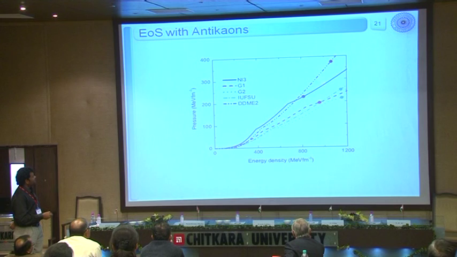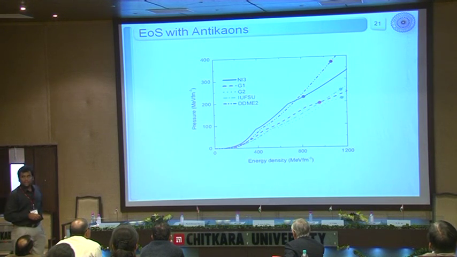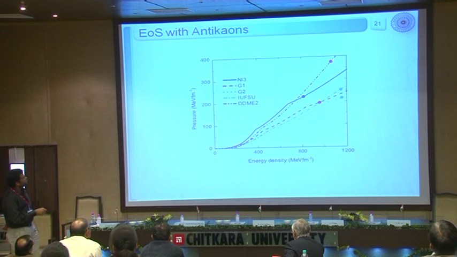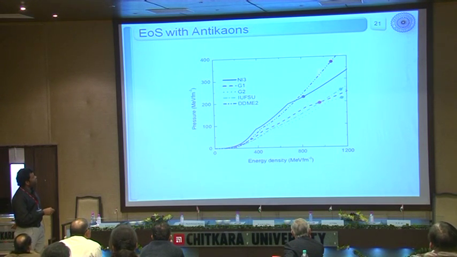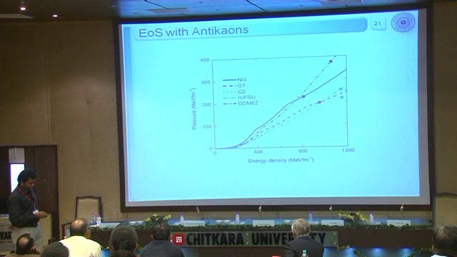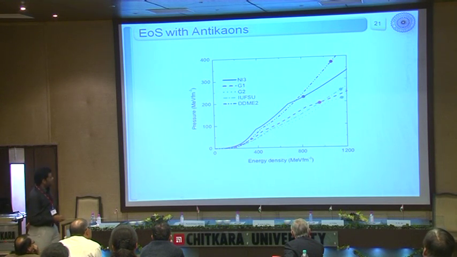So now one can say that the kaons play more role than the coupling constants themselves. These density dependent coupling constants are tuned so that the high density behavior is as desired, but becomes a bit softer. But we can achieve more softness by introducing these exotic particles like kaons.